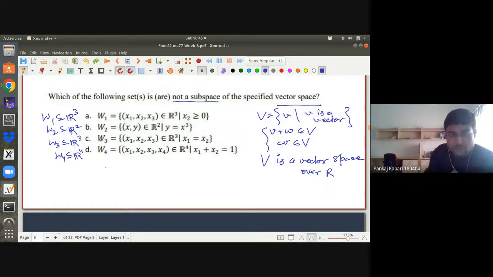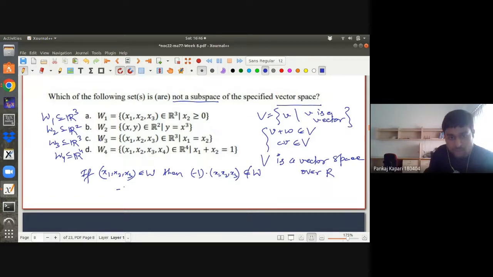Because if you take the scalar -1, you can always multiply by -1 so that this entry will become negative. So if (x1, x2, x3) belongs to W, then just multiply -1 with this vector (x1, x2, x3). This does not belong to W. Why?